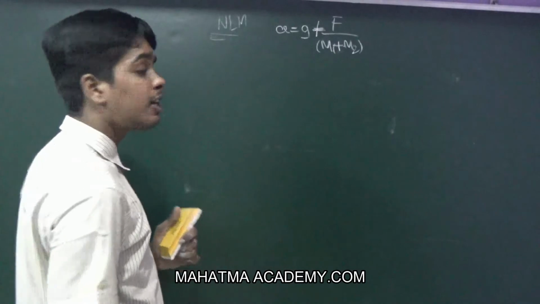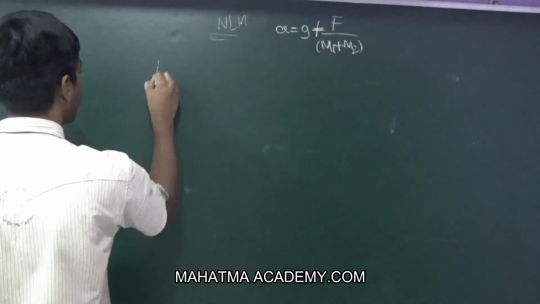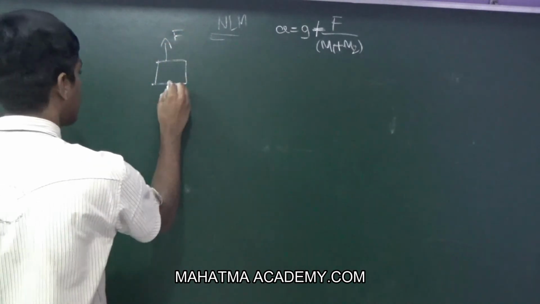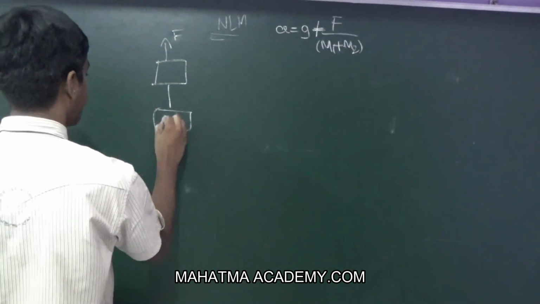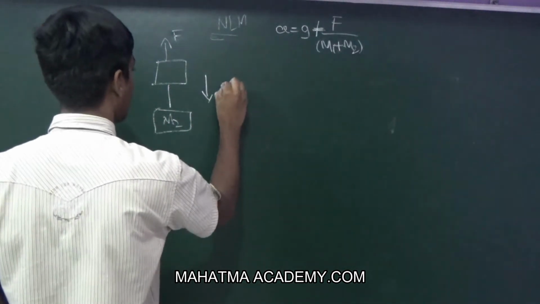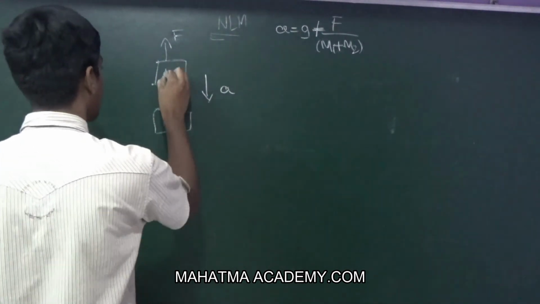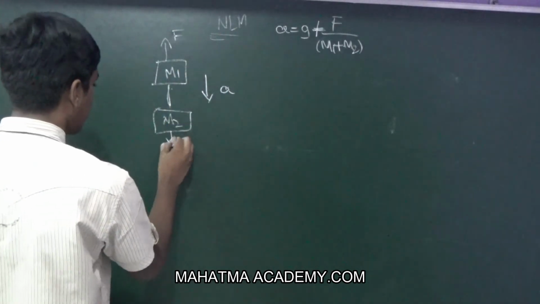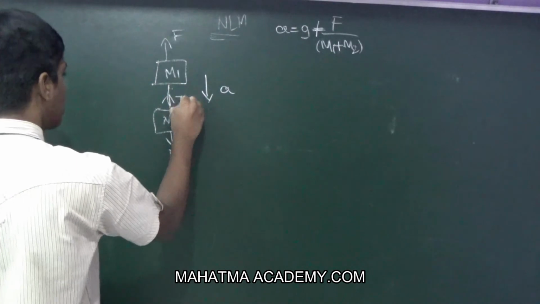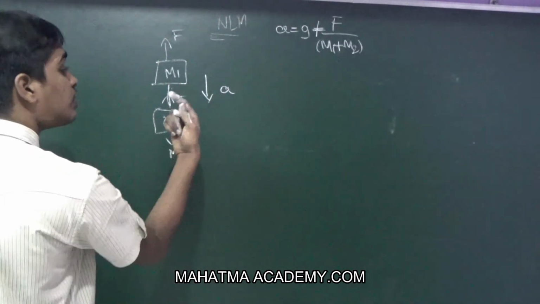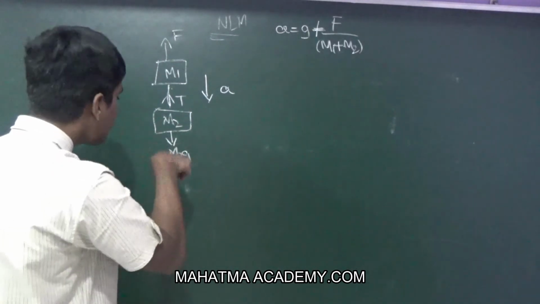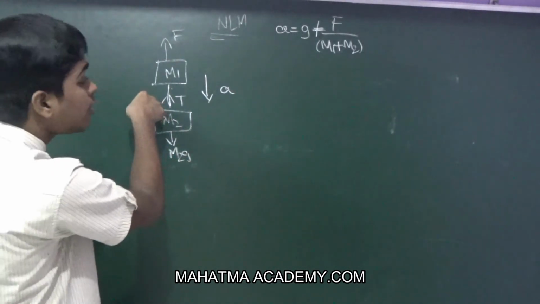Now we will take two bodies, M1 and M2. The force is upwards and the body is moving downwards. Here is M2G and the tension T. Now we have seen that the acceleration is downwards, so the downward force is more than the upward force.